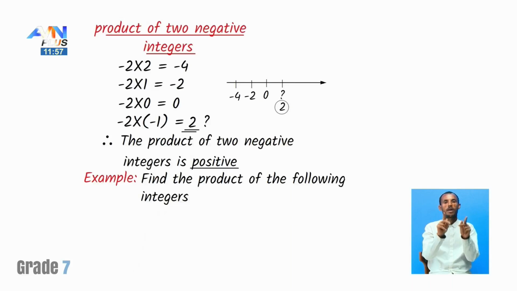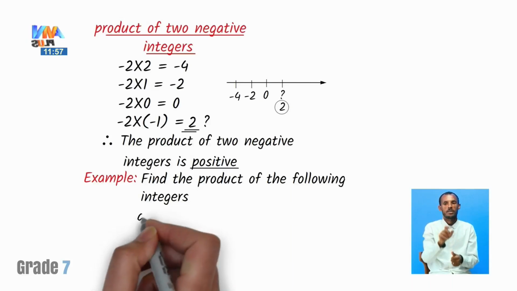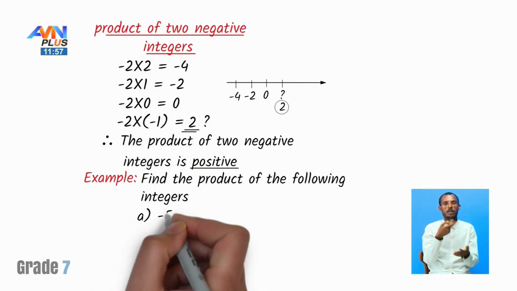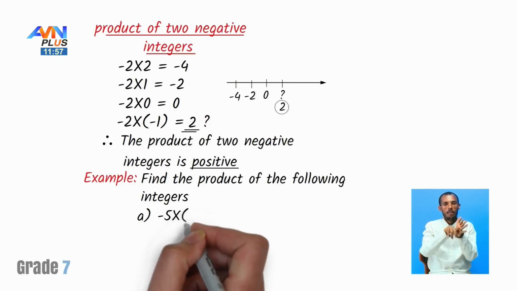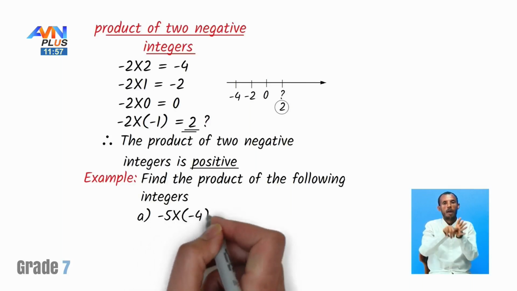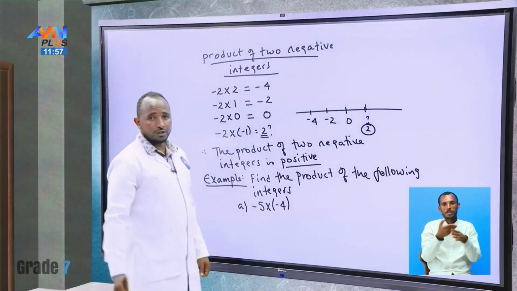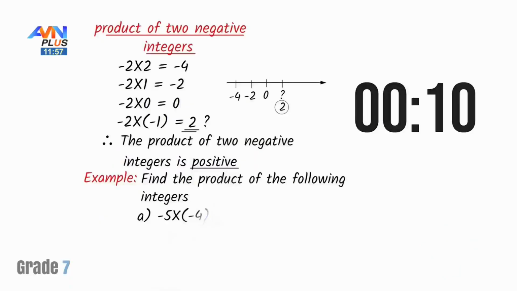Okay, the first question. Let's multiply these two: negative 5 times negative 4. Please, students, try this question. I'll give you 10 seconds for this.